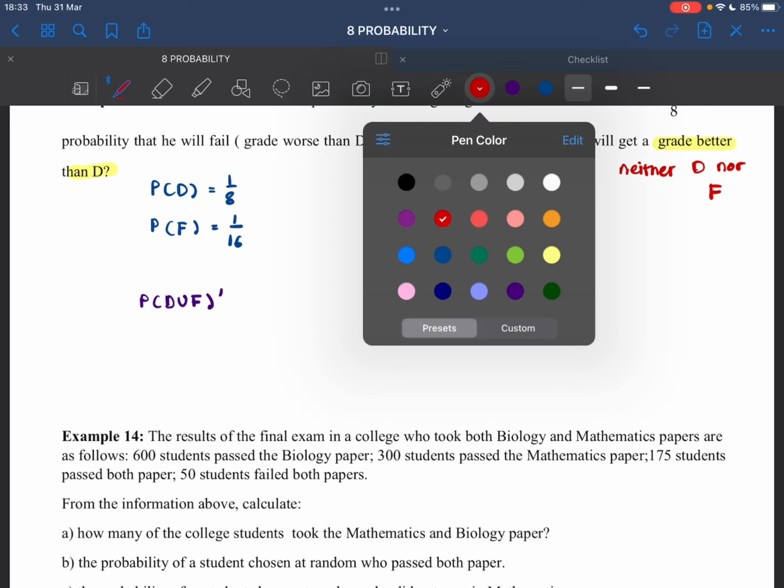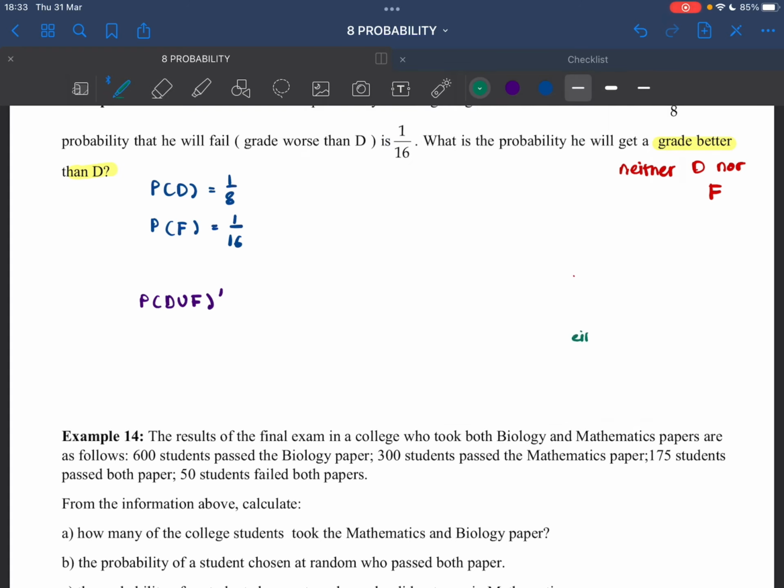If the question says either or, it is P(A union B). If the question says neither nor, that is P(A union B) prime. Okay, so make sure you understand both of those.